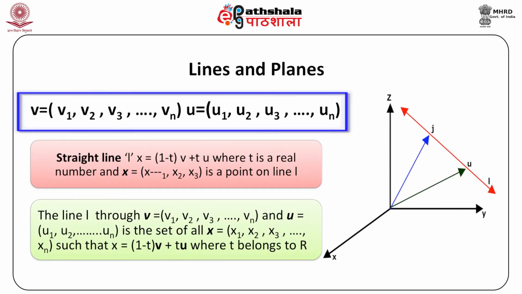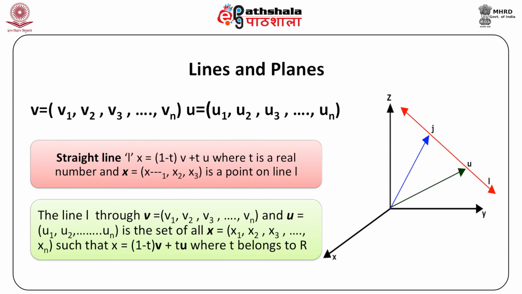Let v = (v1, v2, v3, up to vn) and u = (u1, u2, u3, up to un) be two vectors.